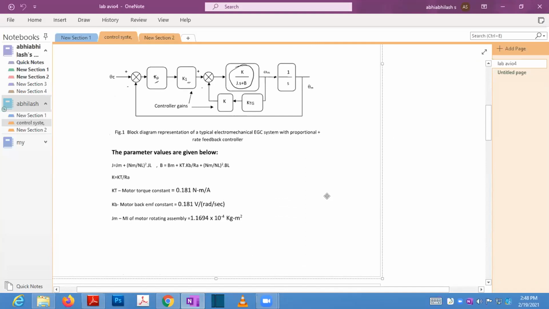Yes, sir. Okay. So how is this transfer function obtained, this J and B?